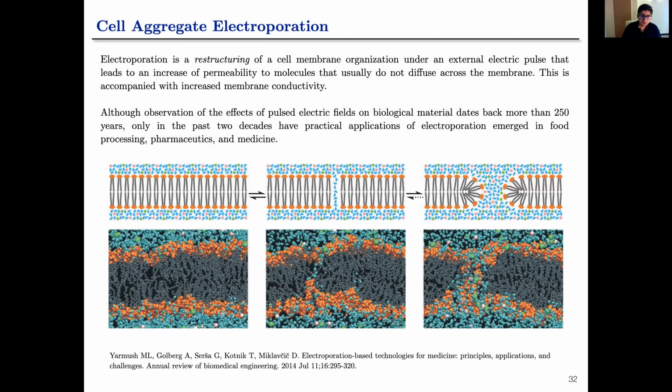Usually what people do is perform some Monte Carlo molecular dynamics simulation, and these are some snapshots that I took from a review paper. But the task that we had in mind was actually to simulate not a segment of a membrane, but tens of thousands of these cells, and to look at the statistical properties of a cell aggregate.